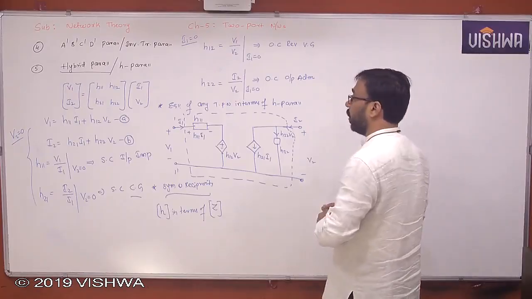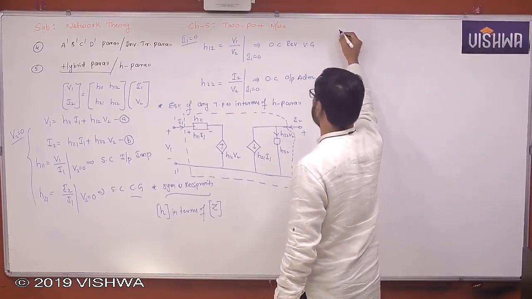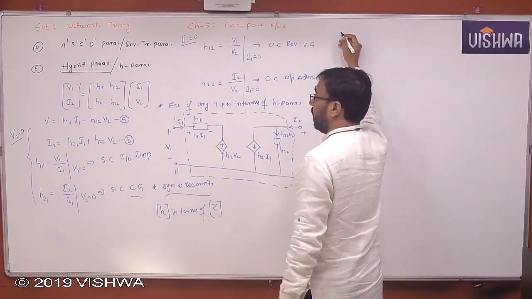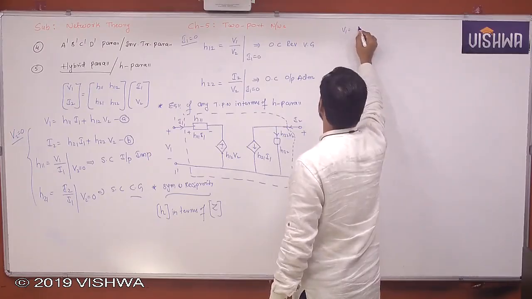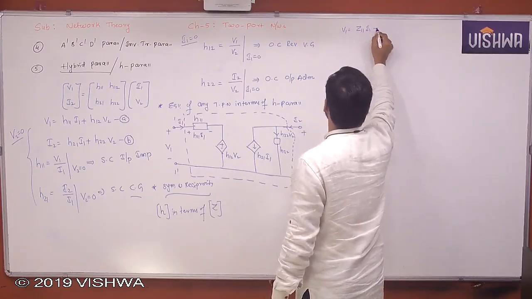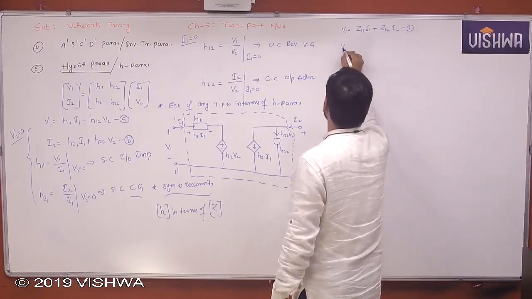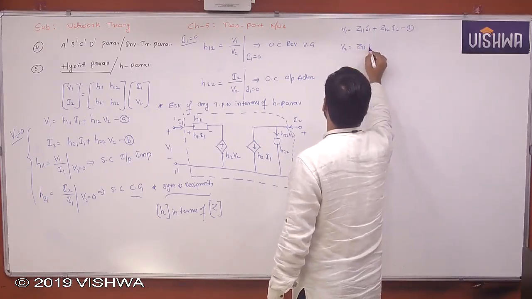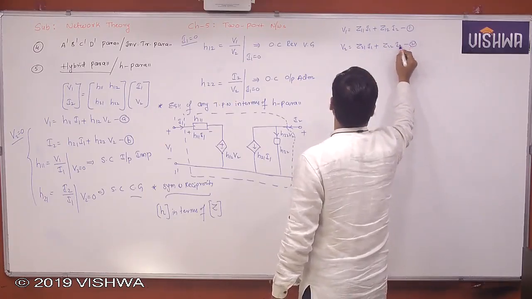From the equation A, first let us write the H parameter equations. You already have A and B. Now you write the other parameters. What is that? Z parameters. So V1 is equal to Z11 I1 plus Z12 I2, equation 1. V2 is equal to Z21 I1 plus Z22 I2, equation 2.